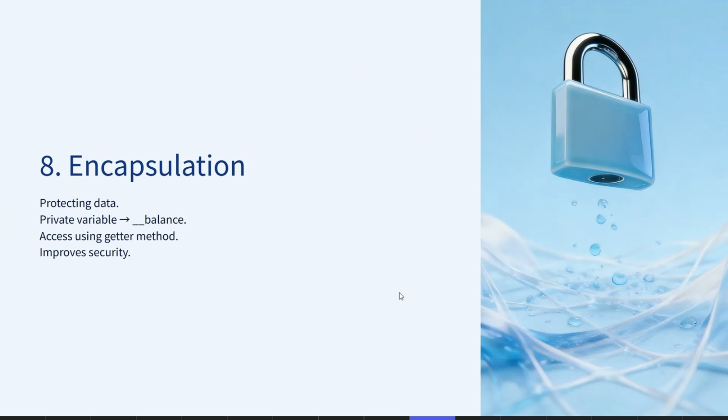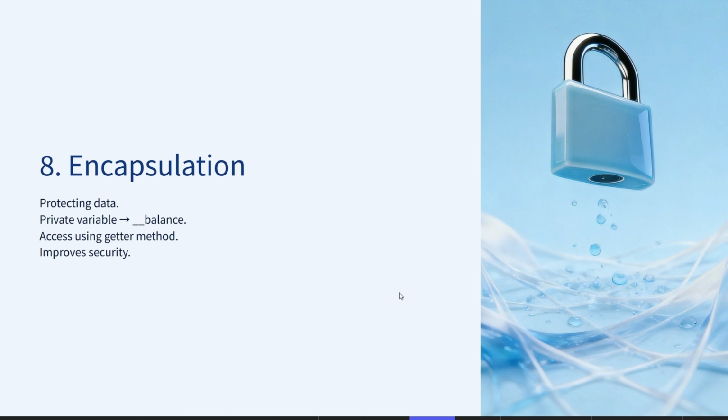Now let's understand encapsulation. So now we enter the professional territory. The pillars of OOP. First up is encapsulation. This is about security. Imagine a bank account and you shouldn't be able to manually reach into the database and set balance is equal to 1 lakh, and we want to protect that data.